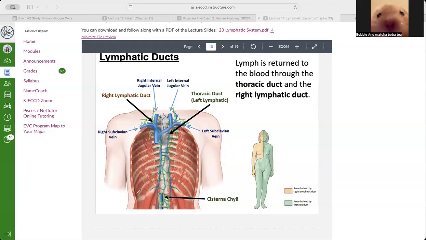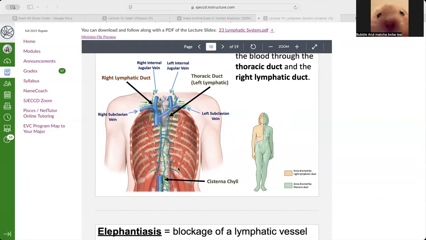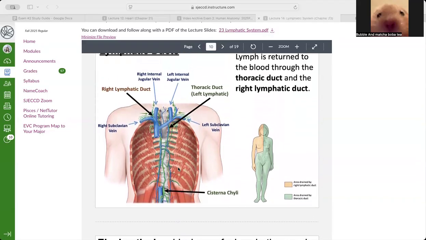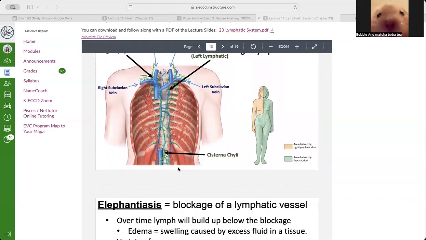And as you can see, this 25% is the right lymphatic duct, while this whole rest of the area is the thoracic duct. So 75, write it. Oop, that is very ugly. And 25, right there. Basically, they're just draining fluid to the cardiovascular system.